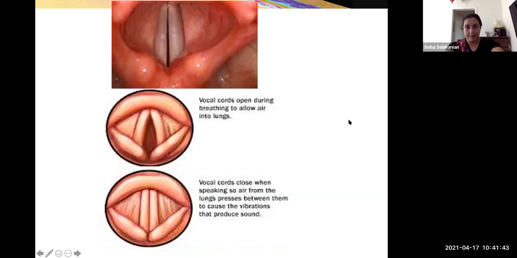When eating, the epiglottis is in a closed position, which means it's covering the larynx to make sure the food can only go down the esophagus and not the trachea.